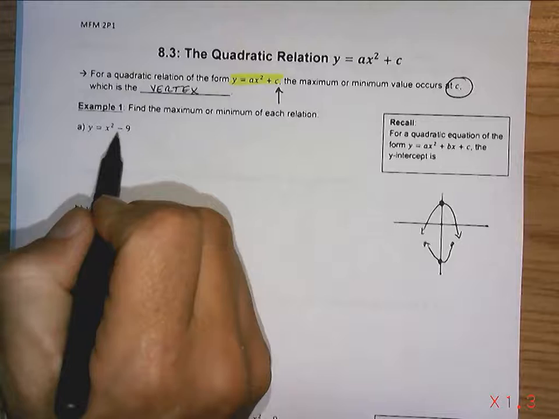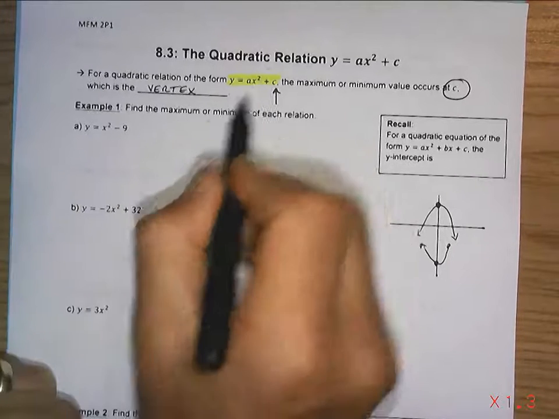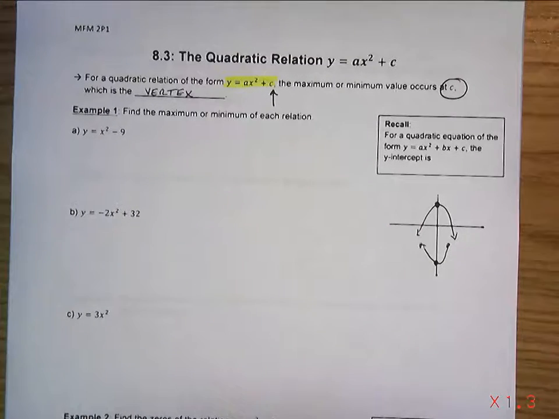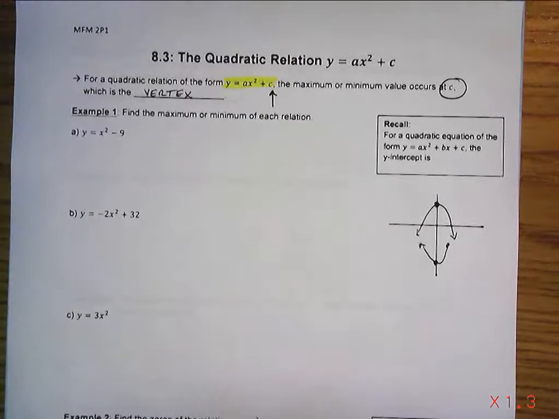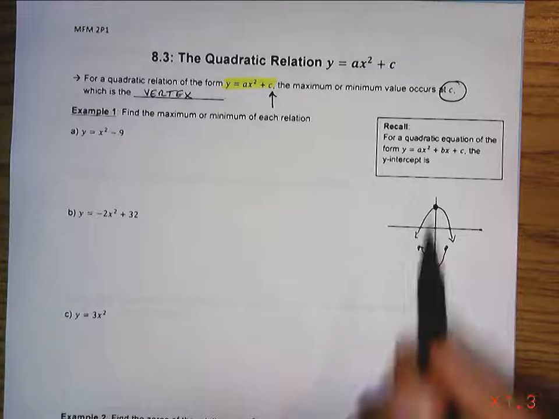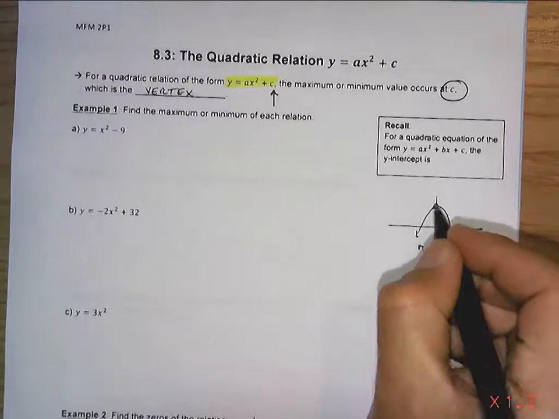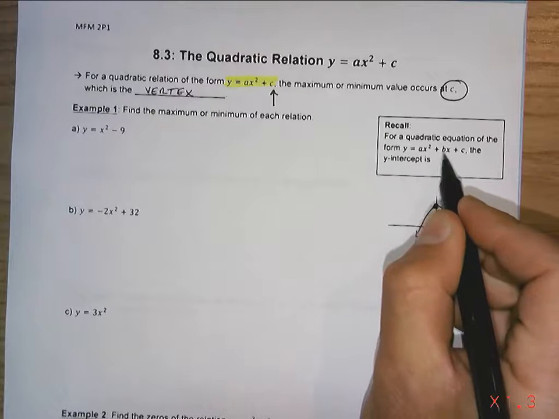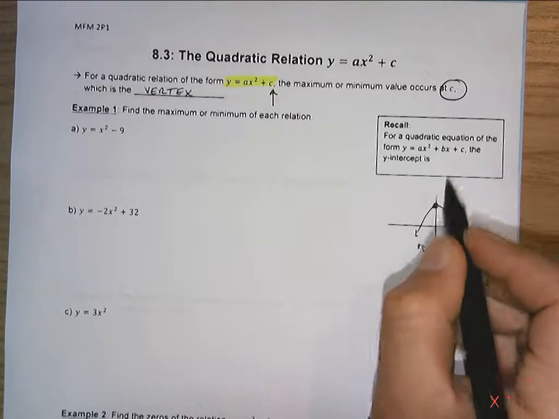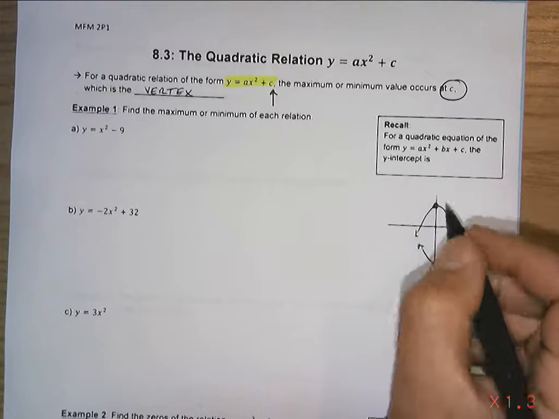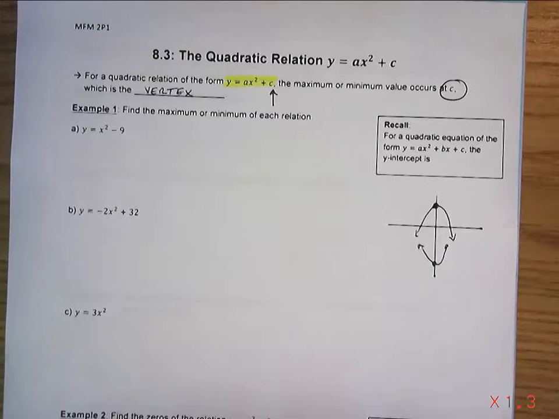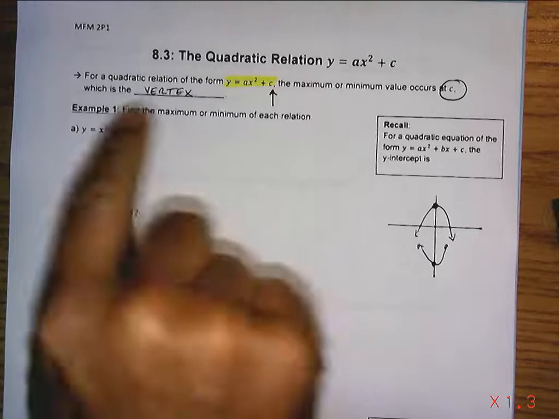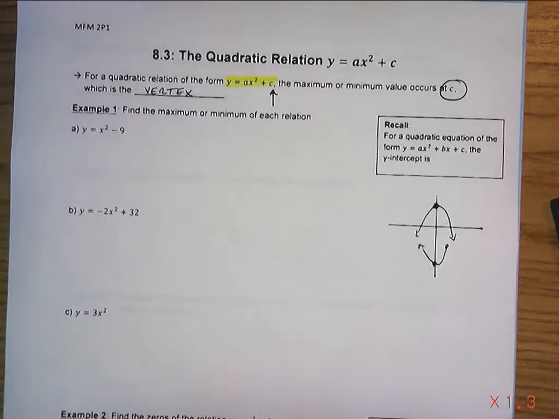And the c value is going to give you that maximum or minimum value. It's going to be at its vertex, and oddly enough, when it's just ax squared plus c, not when there's a bx involved, this vertex is also going to be on the y-intercept.